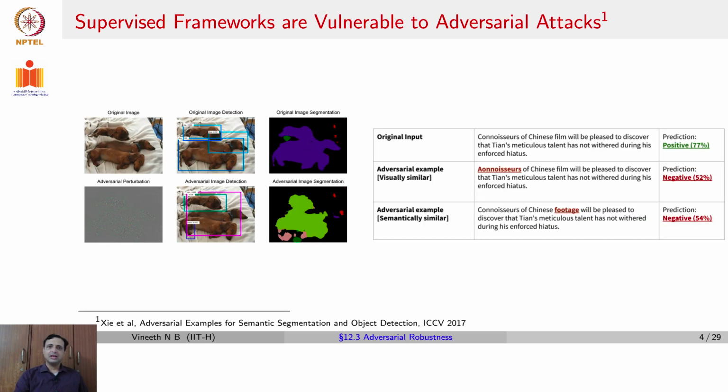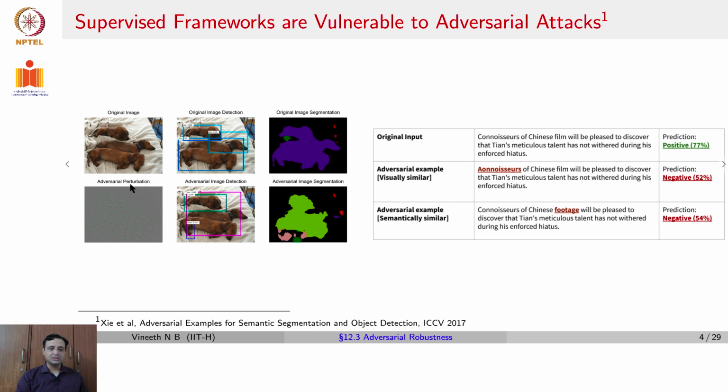In general, it has been studied and understood now that supervised frameworks are vulnerable to adversarial attacks in any domain. Here is an example where you see a detection and segmentation task. Given an image, the first detection image that you see here calls these dogs, and you also get a segmentation mask around them as dogs.